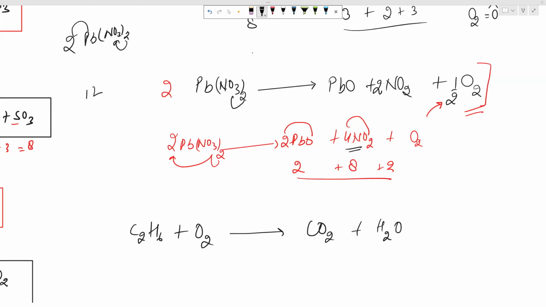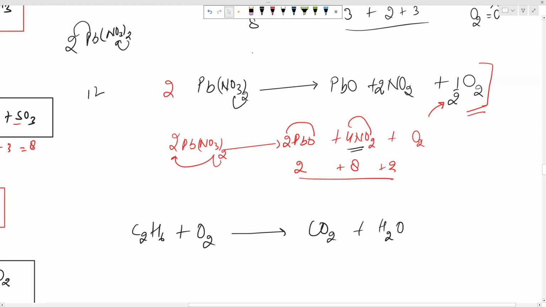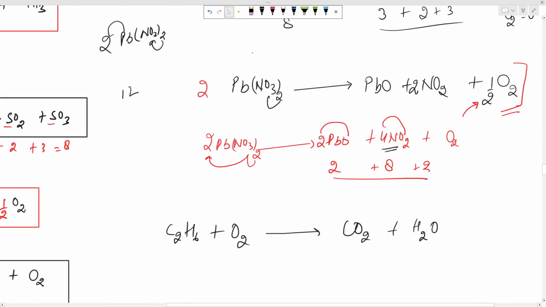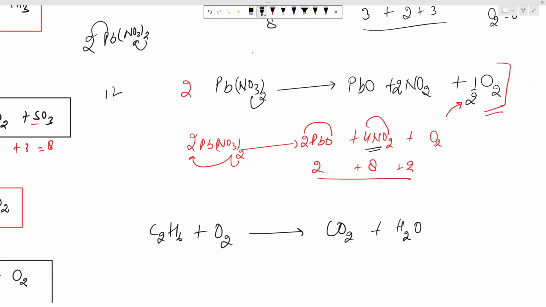Done, sir. Okay. So tell me how you balanced this one. It's C2H6 plus 2O2 gives you 2 CO2 plus 3H2O.